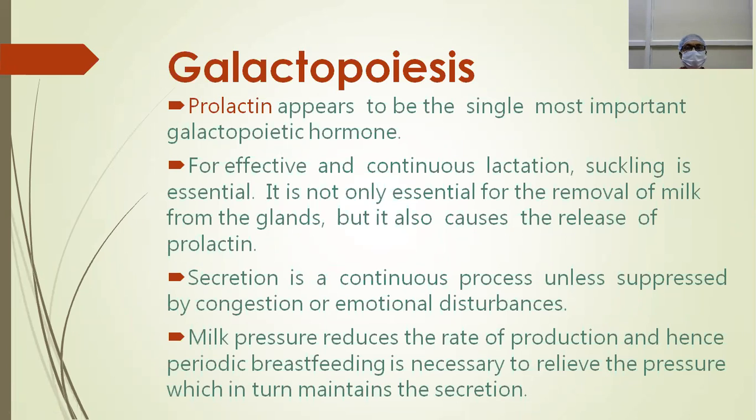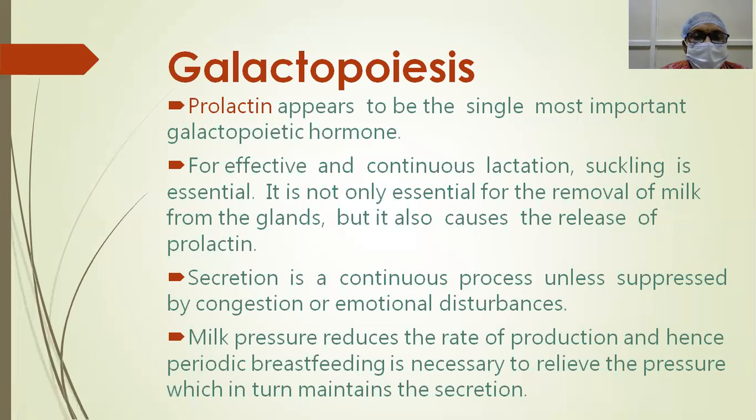So for effective and continuous lactation, suckling is very important. It is not only essential for removal of milk from the glands, it also causes the release of prolactin. Secretion is a continuous process unless suppressed by congestion.